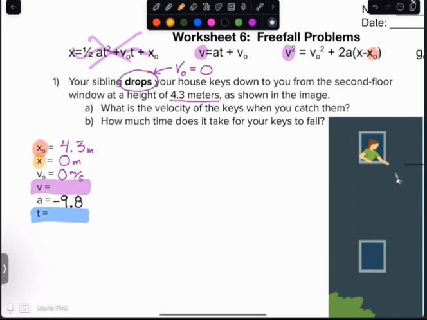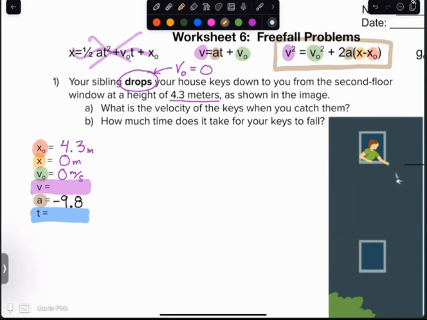Ending position, I have that. Starting velocity is 0, I have that. And acceleration, well, right now, this is looking pretty good right here because I have everything that I need.